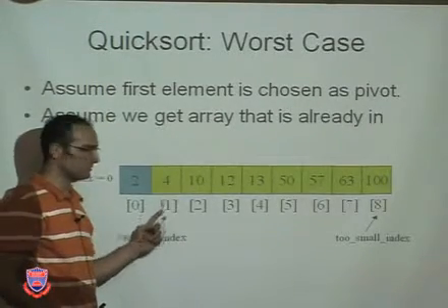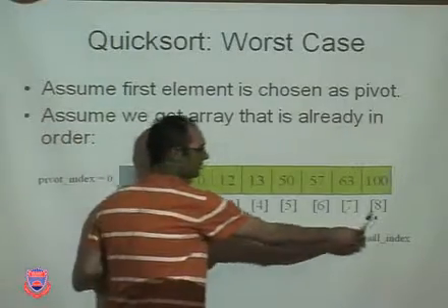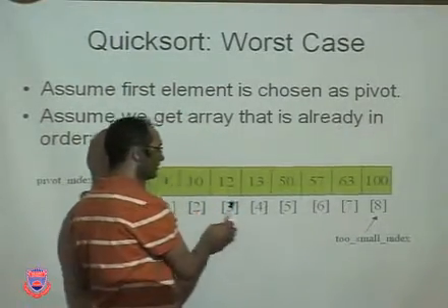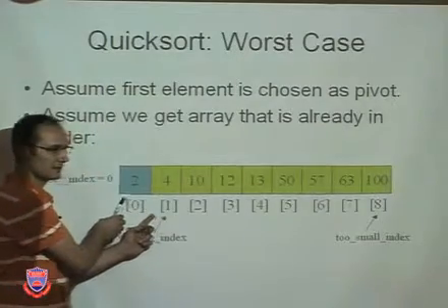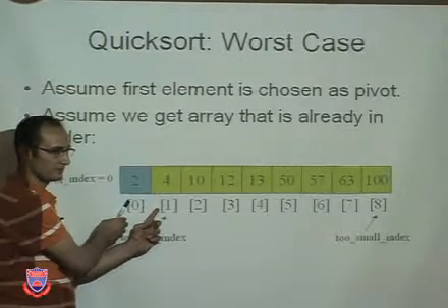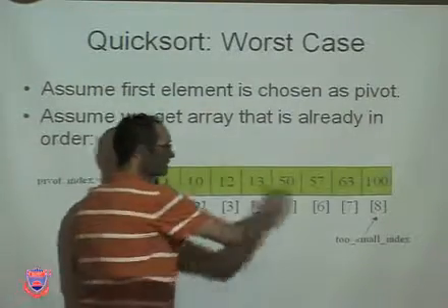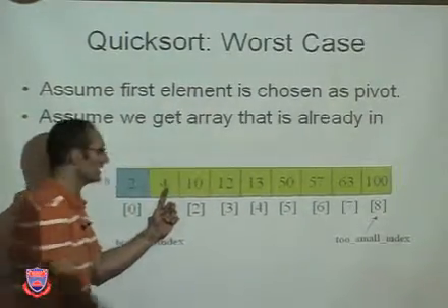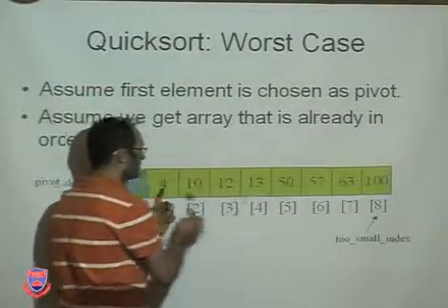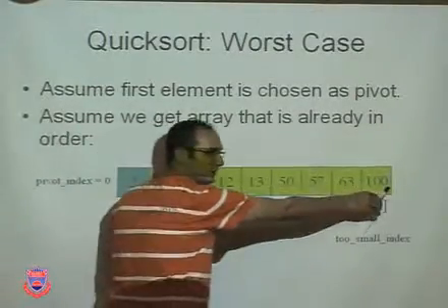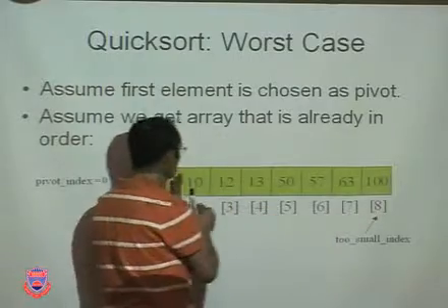So the two big index will remain here, and every time you'll decrement your two small index. It will come all the way to the first entry, and that's where it's going to stop. So it will call the sort again for this part, which is going to have this as the pivot, and then this index coming all the way to here, and then it will call this part as the new quicksort with the new pivot with 10.